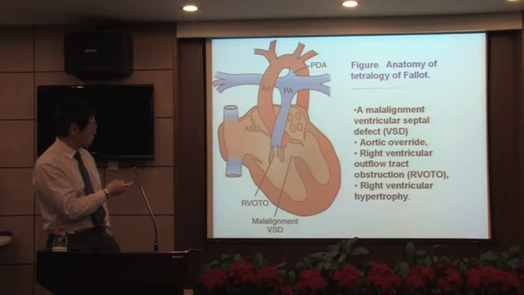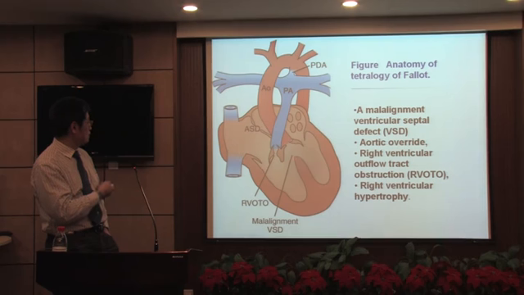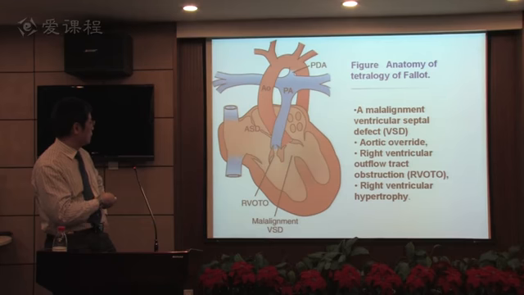We can see the anomalies, like here, a malalignment ventricular septal defect, it's a VSD, and here is the aorta override, and the right ventricular outflow tract obstruction here, and we can also see the right ventricular hypertrophy. And interestingly, here is a PDA. Here you can see the PDA.